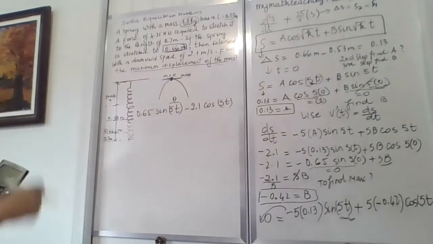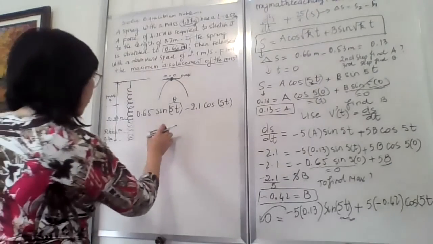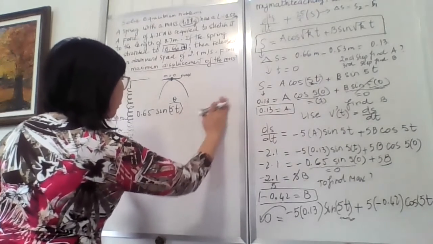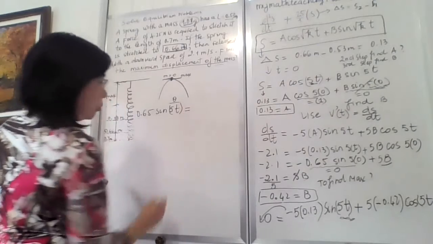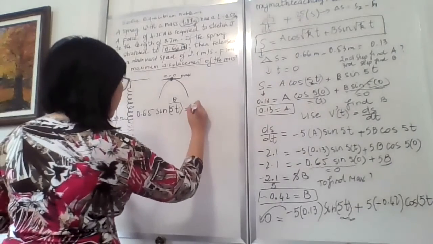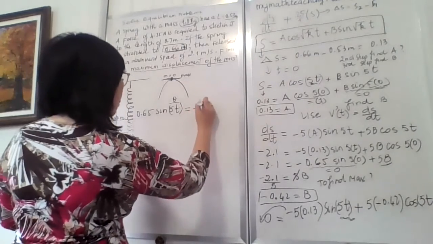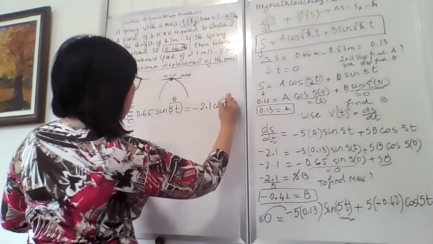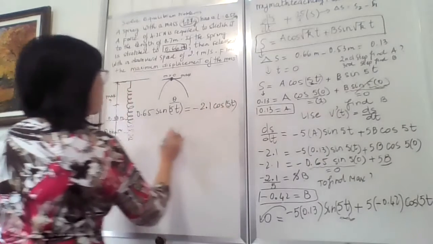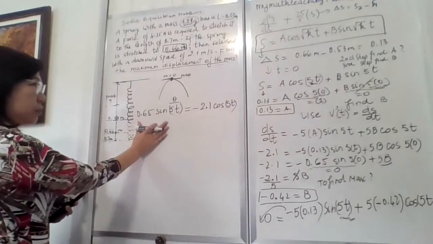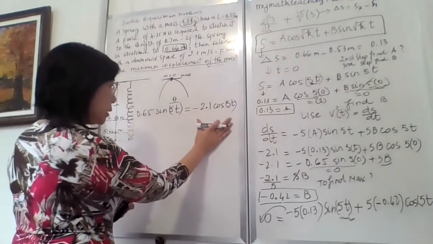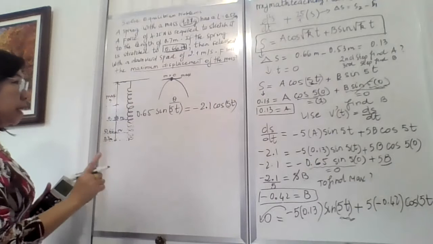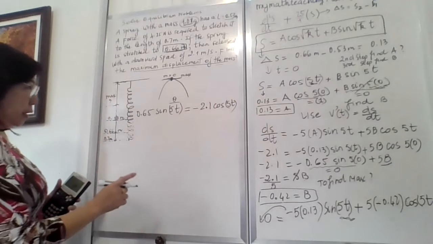And at this point, how do we solve for this? And actually, I forgot the equal sign. That's dangerous, right? That should be minus 2.1 cos phi t. So we have a left side is this one, and the right side is this one. Now I'm going to manipulate a little bit, right?